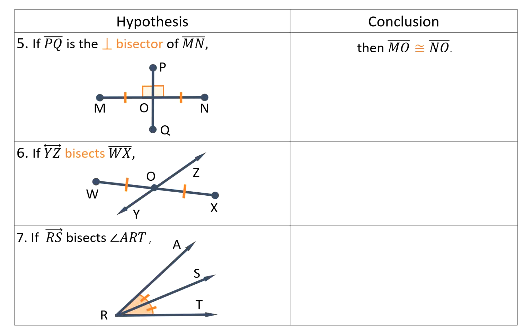Kaya, dahil hinati natin, ang makukonclude natin, yung line segment na MO ay congruent sa line segment na NO, which is true. O kaya, pwede rin tayong mag-come up ng conclusion na yung angle na MOP na 90 degrees ay congruent sa angle NOP. Pareho silang 90 degrees, which is also true.